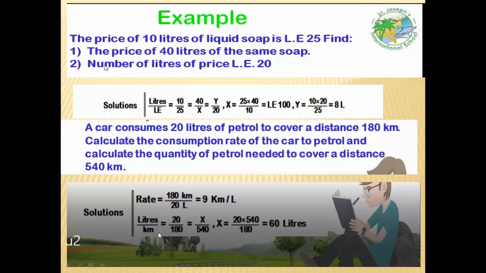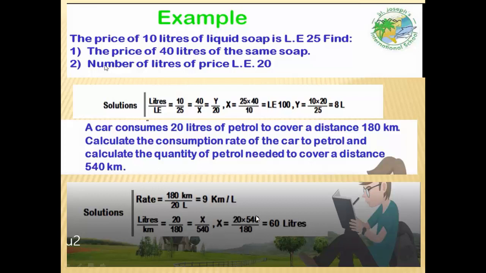Liter by kilometer equal 20 over 180 equal x over 540. Then x equal what? 20 times 540 over 180 equals 60 liters.